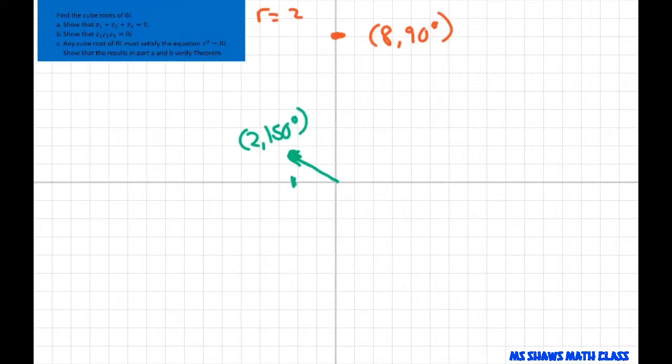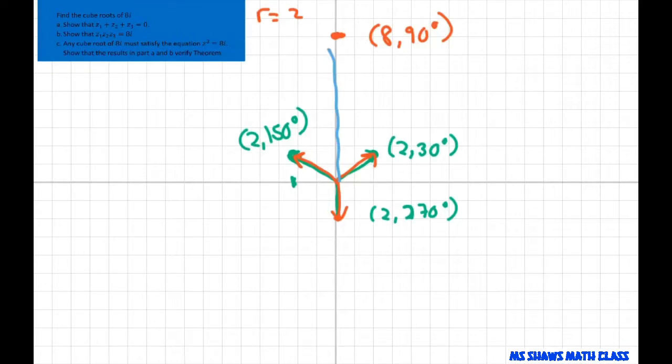We also had 30 degrees, so we'll put it about there. So this is 2, 30 degrees. And then we also had 270 degrees. So this is 2, 270 degrees. So here we go with the arrow. There's a dot, there's 1, 2, 3, and we have our original right up here. All right, so that's the graph.